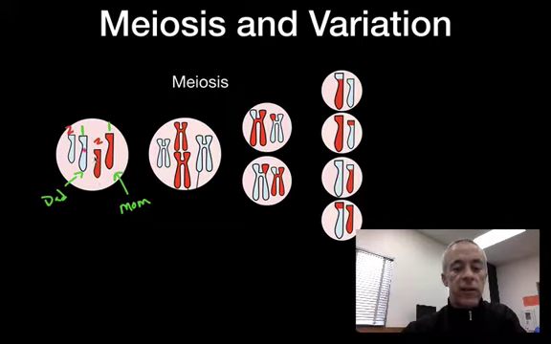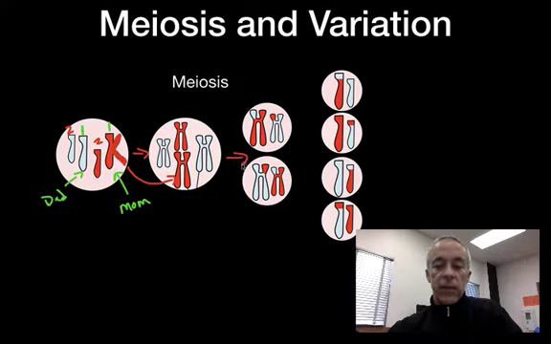You may notice they look a little different between the first cell and the second. What happened is the DNA copied itself. This chromosome copied itself, so each half of this X shape is identical to the other half. Each one of these four chromosomes copied itself.